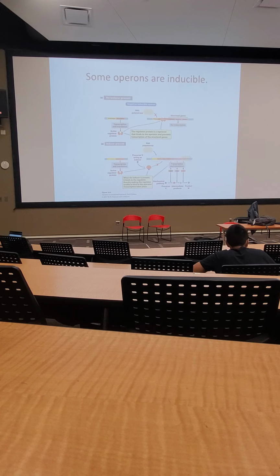So this is the exact same slide you saw that just said inducible, but now we can say it's negative inducible. The negative part comes from here: the regulator inhibits expression.